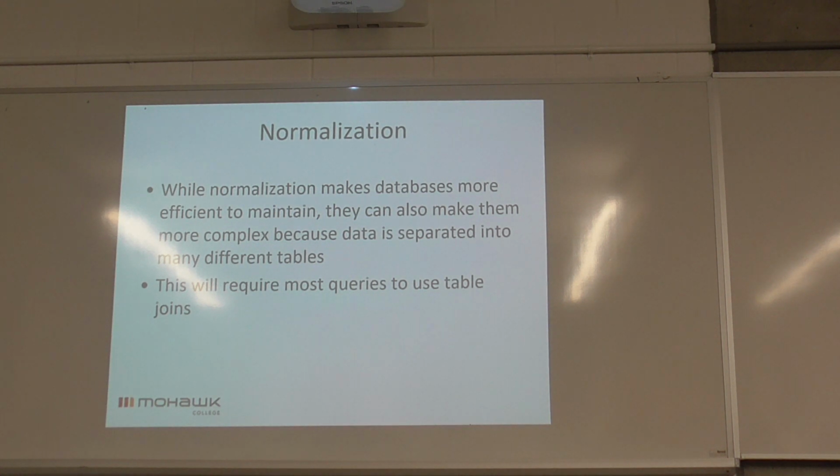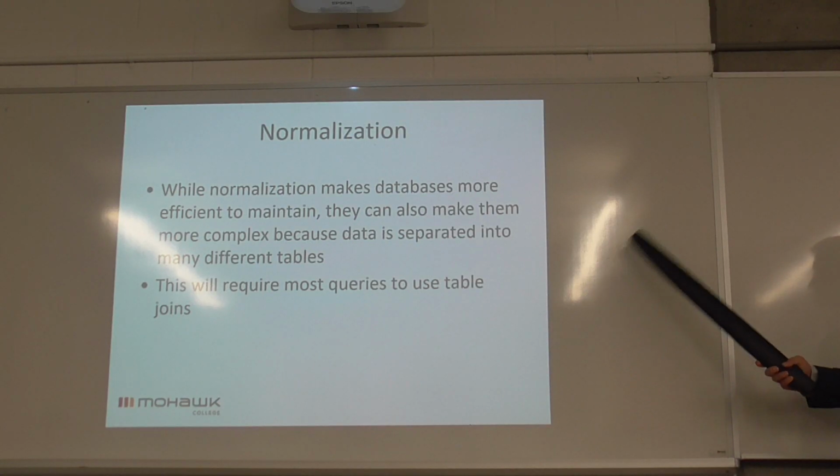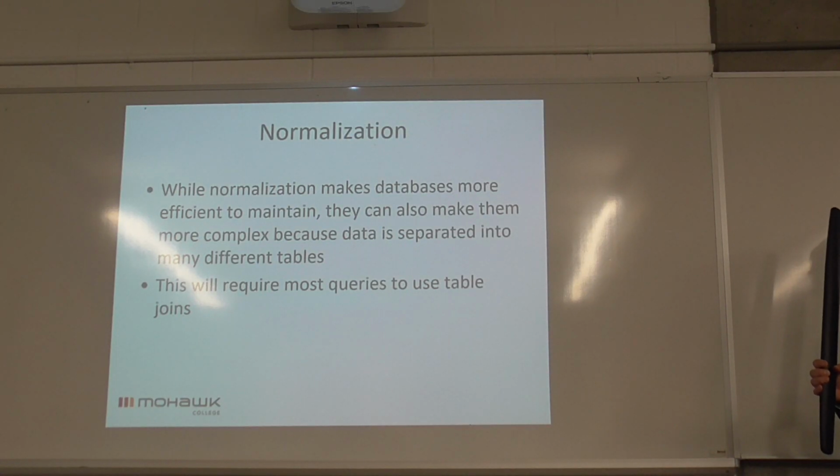So, one of the purposes of normalization is to make databases efficient to maintain. It can, however, also make them more complex as data is now being separated into many different tables. This will require most select queries.